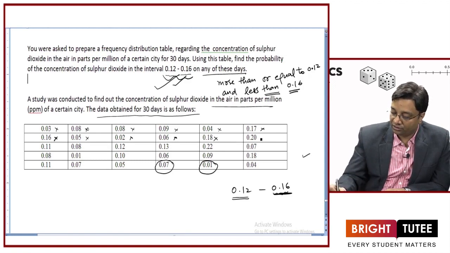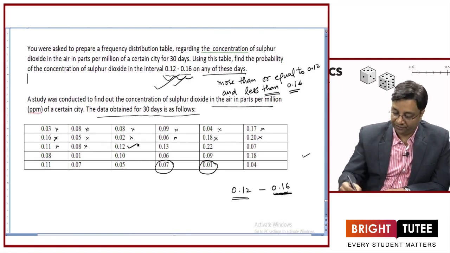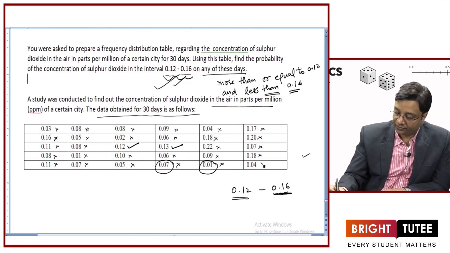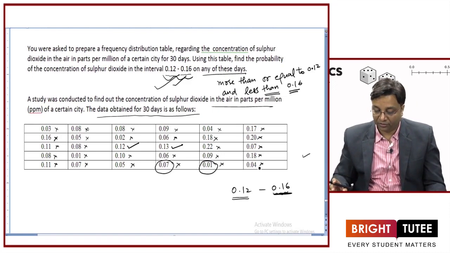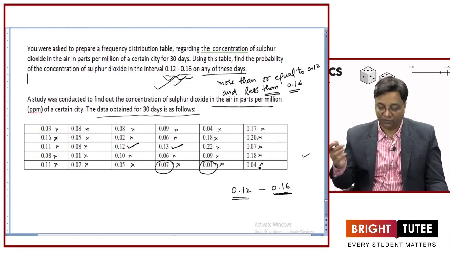This is also not the case. This is not the case. No, no, yes, this will be counted. Yes, this will be counted. This will not be counted. So, there are only 2 times the concentration was within the given interval, that is 0.12 to 0.16.